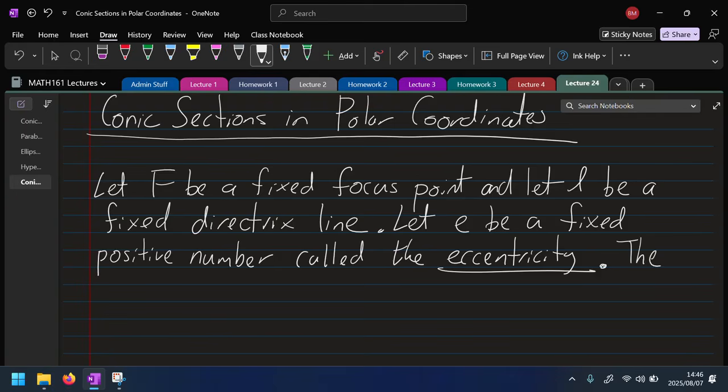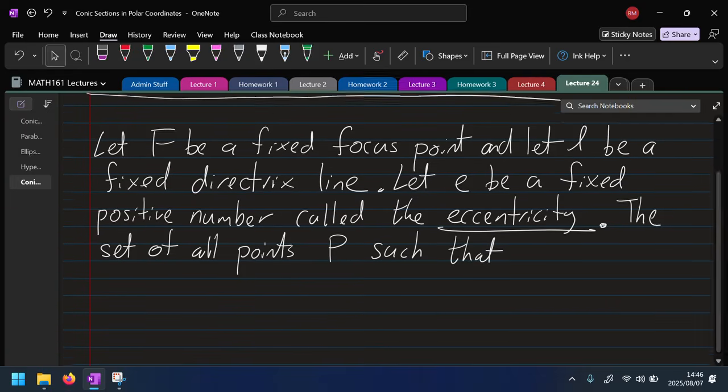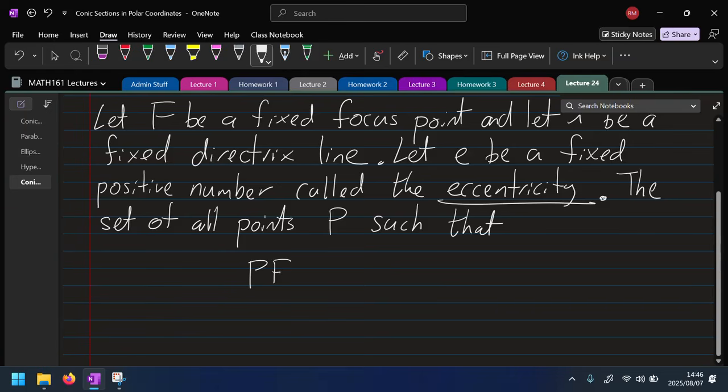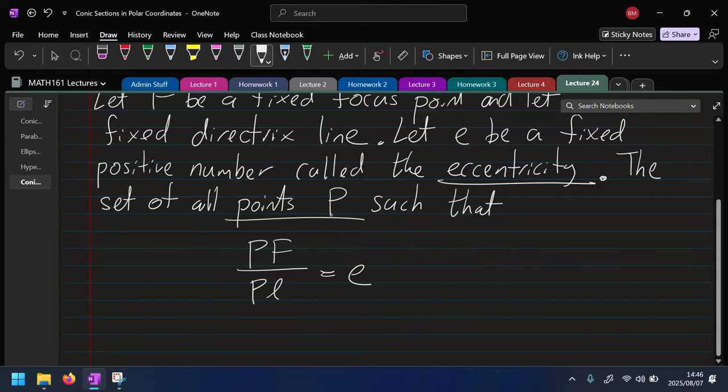Then the set of all points P such that PF over PL equals E. So we take the distance from point P to F, and then the distance from point P to the directrix line L. That's going to be equal to E. So the set of all these points is a conic section.